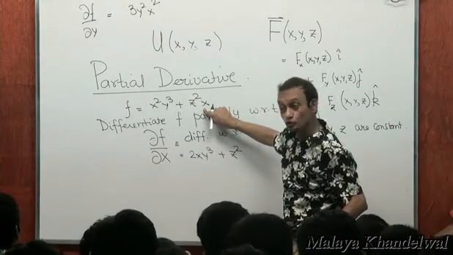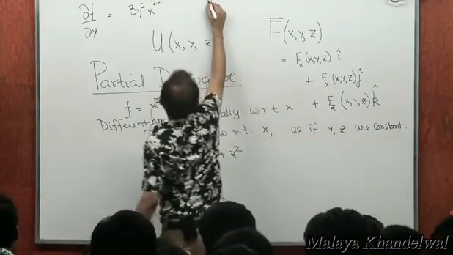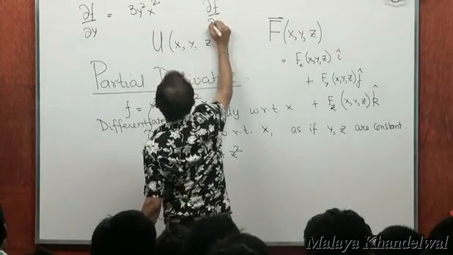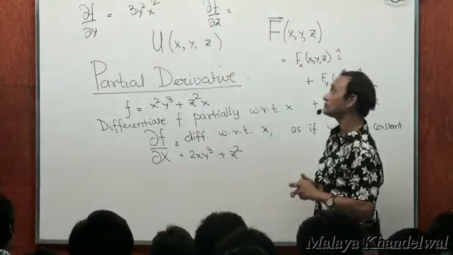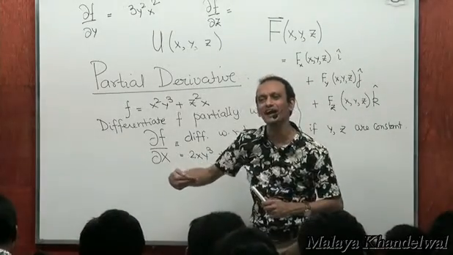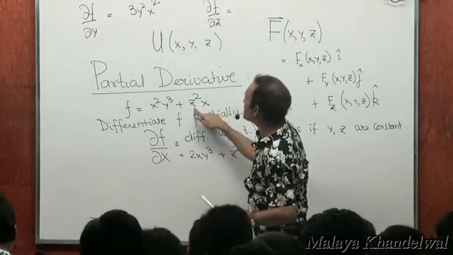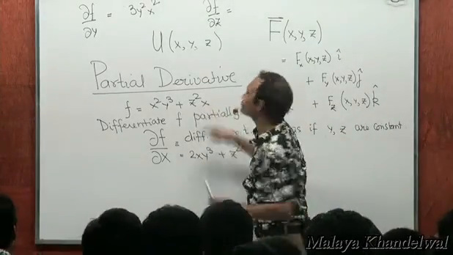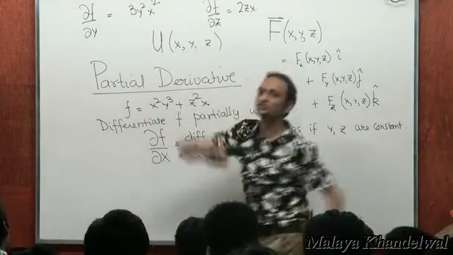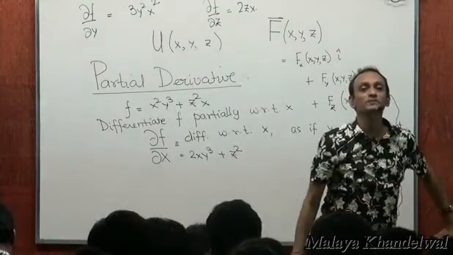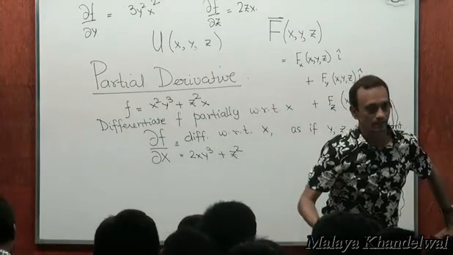That's dou f dou y. If I said dou f dou z, differentiate f partially with respect to z, you'll assume x and y are constants. Then this will be 2zx. That's the partial derivative of f with respect to x, y and z.